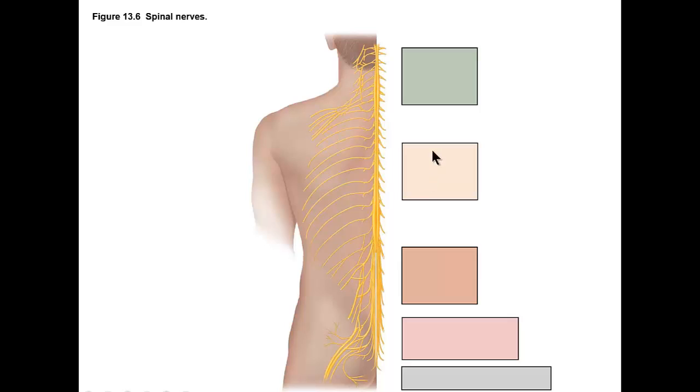Then we have the thoracic region of the spinal cord, which is T1 to T12. Then we have the lumbar region of the spinal cord, L1 to L5 nerves. And then the sacral region of the spinal cord is S1 to S5.